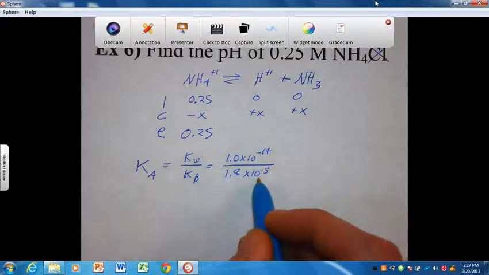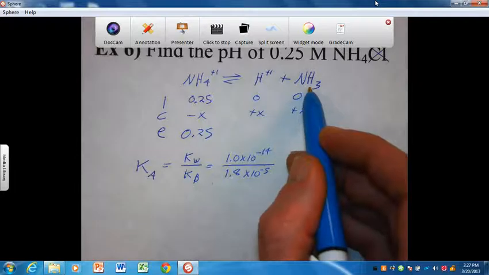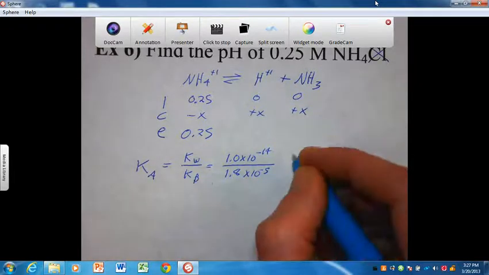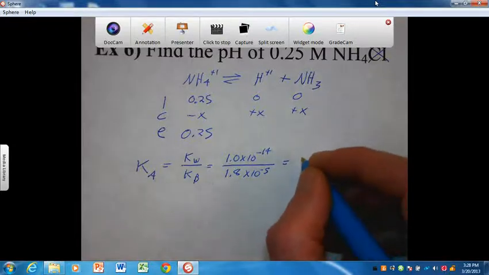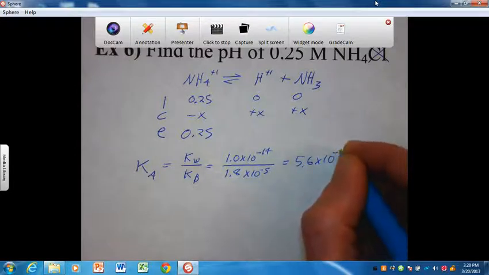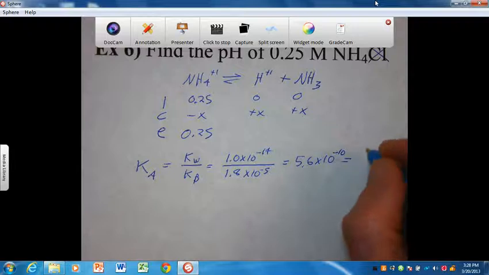That Kb value is the Kb for ammonia. So when I find ammonia listed under the weak bases, I'll do this for it to get my Ka value. So back to my calculator. And I determine that the Ka is 5.6 times 10 to the minus 10. That's our Ka. And that is going to be equal to products over reactants.